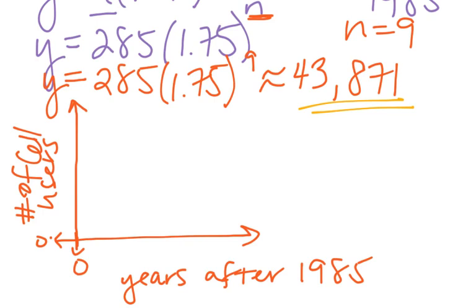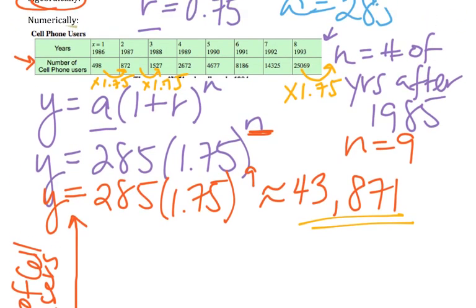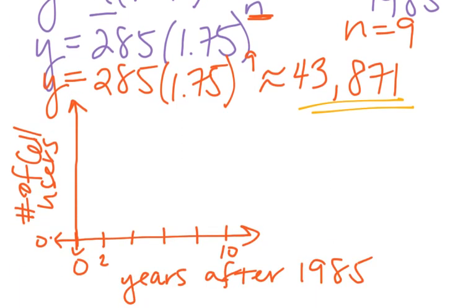Okay, and we could go up to, let's say, 10 years. I'm going to mark off 2, 4, 6, 8, 10. And looking at the numbers we have here, we're going beyond 25,000. We're actually going up to 43,000, so maybe we want to mark this off to 50,000.